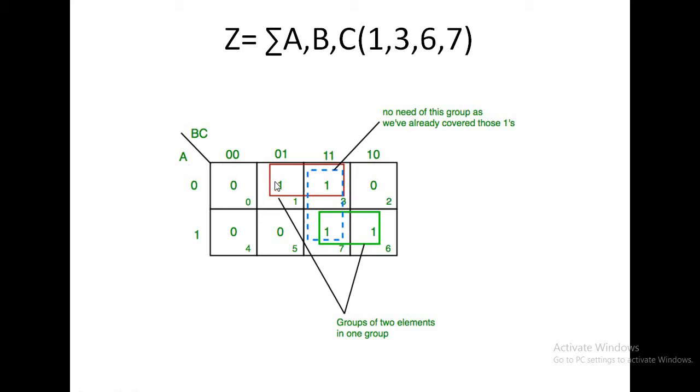See, this is 1, 2, 3, 4, 5, 6, 7, 8. Next, in the column section I can write A, and in the row section I can write BC. And this is 0, 1. You can say that 0 means A prime, and 1 means A. This is 00, 01, 11, 10.